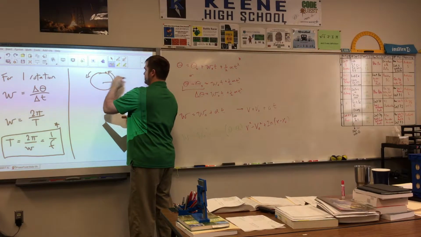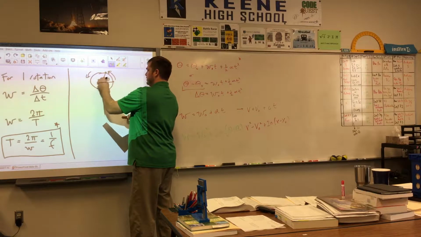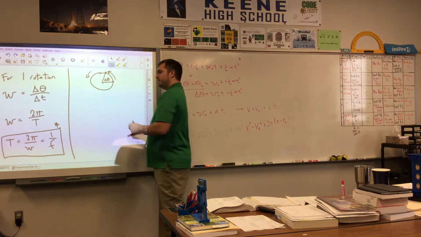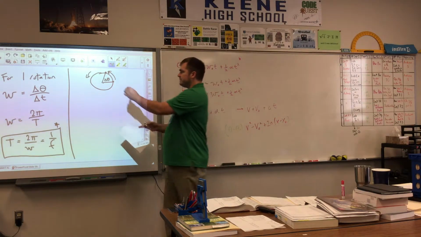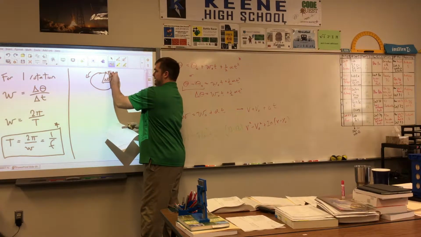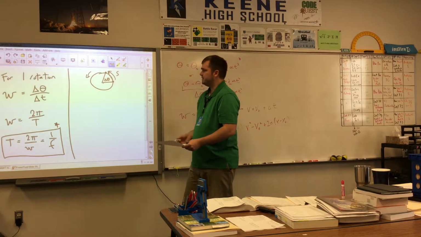So it's going to go that distance right there. It starts off at this angle and ends up at this angle. So the angle that it passes through is delta theta. The distance that it would travel is S.